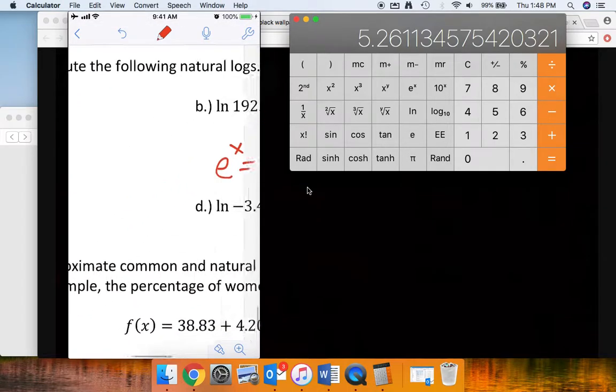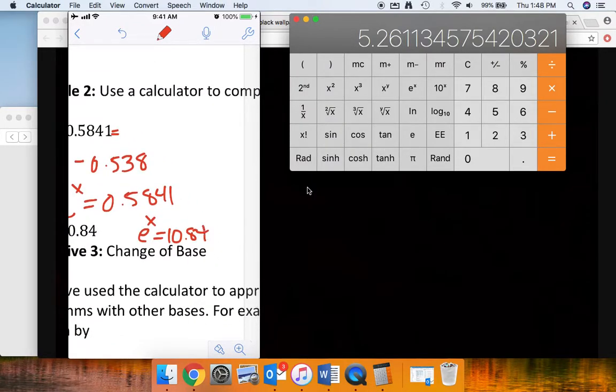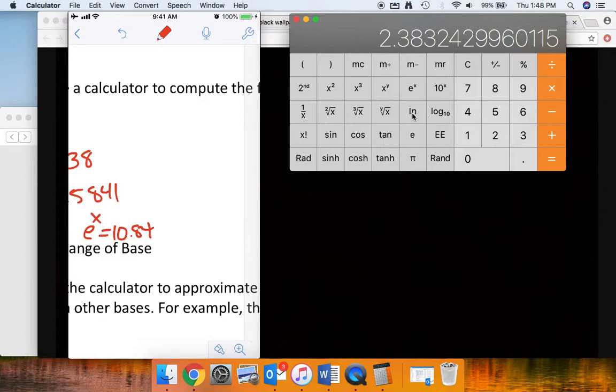Cool. Moving right along. ln of 10.84, we're asking e to what power is 10.84? Again, I dare you to do that in your head. While you do that, I'm going to do the calculator. I'm going to hit ln. Make sure you don't accidentally hit log. Those are not the same answer. Log base 10 is different from log base e.